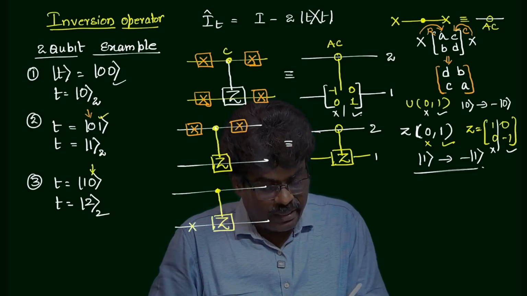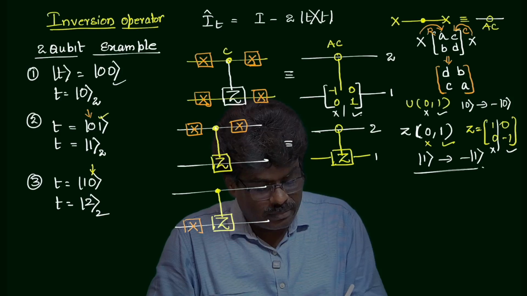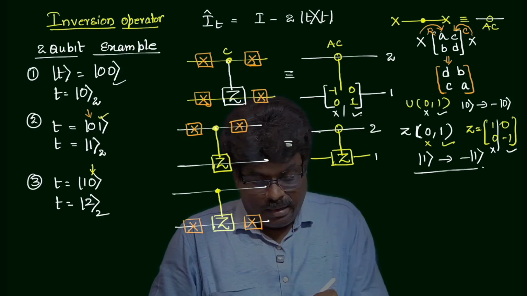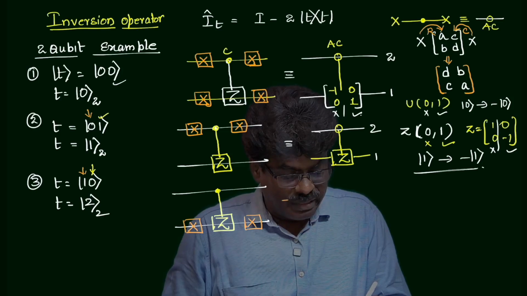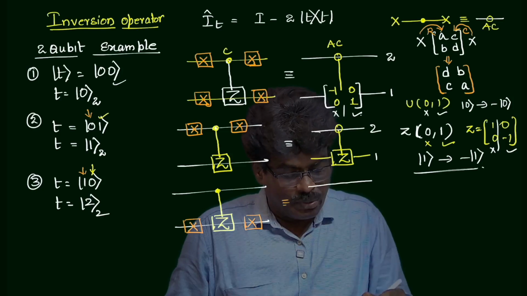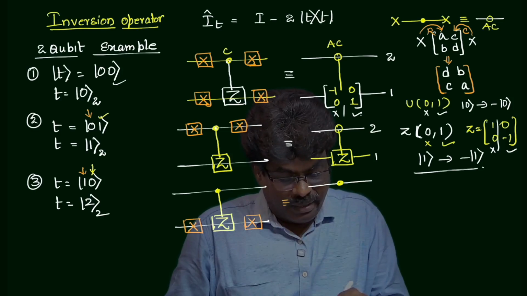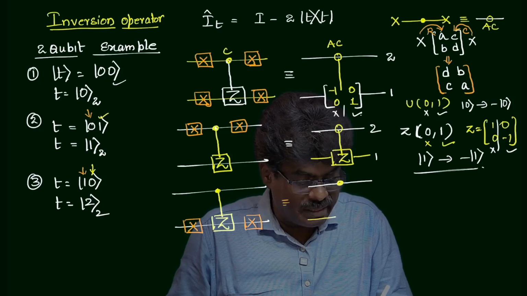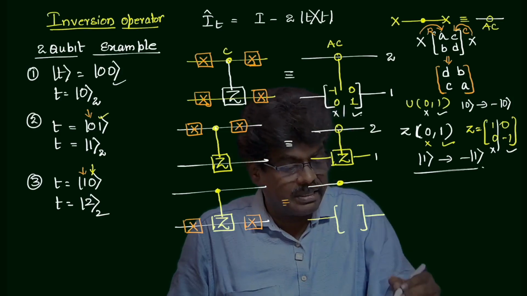That's why here X, here X, and here also X. And the next one is 1, that's why nothing, leave it. So this is nothing but control only, and X Z X. So we can write this as some unitary operation.